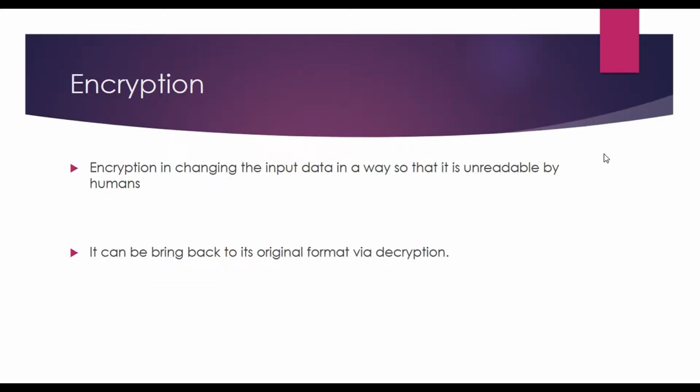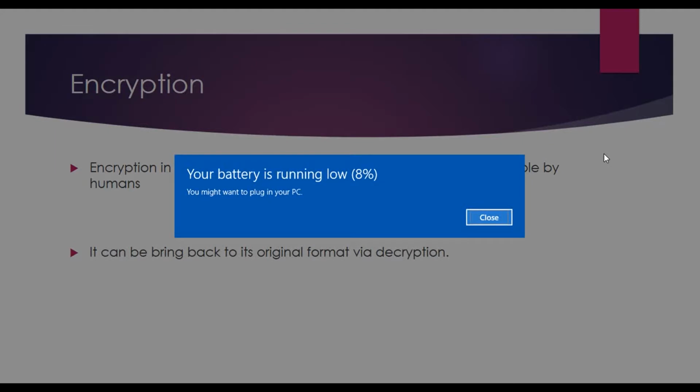So what exactly is encryption? Encryption is changing the input data in a way so that it is unreadable by humans, and not just by humans. Even if there is a digital interceptor in between, it cannot understand what kind of information is being conveyed.